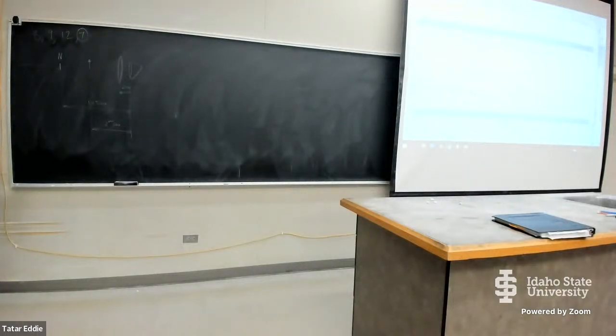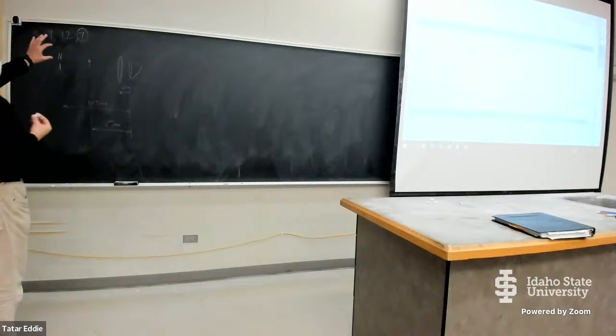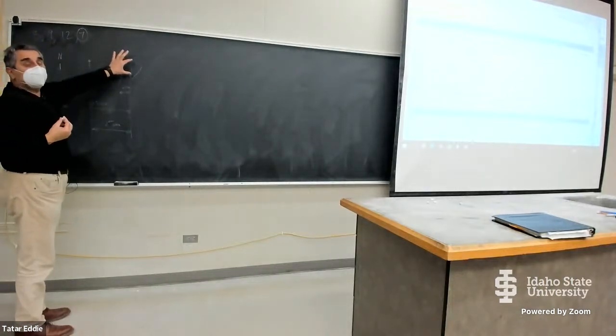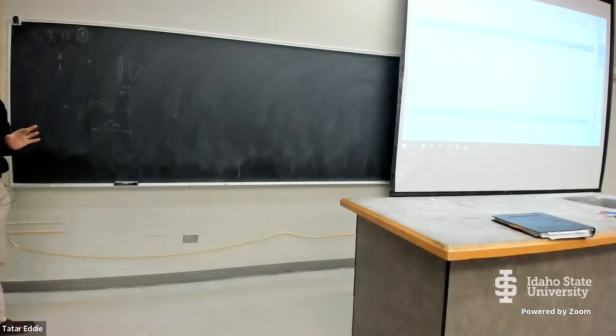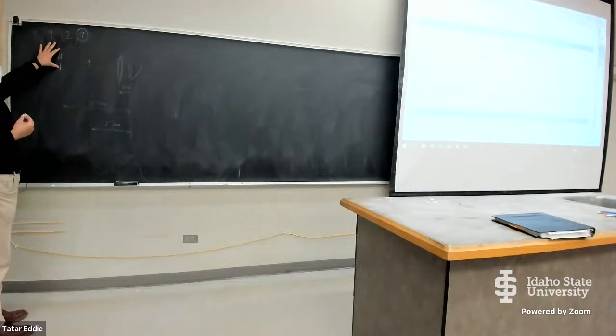In order for your eye to see this object, the lens has to create an image of this object at the closest place where the eye can see it. And that closest place is at the near point.